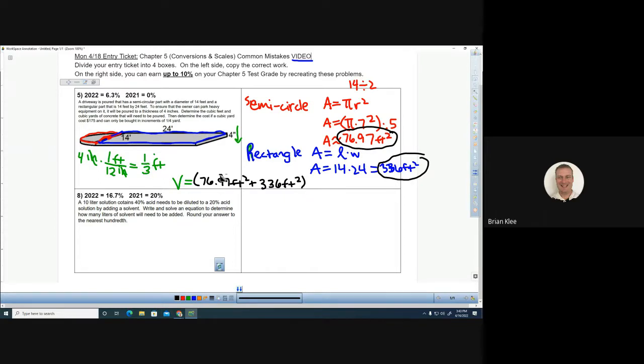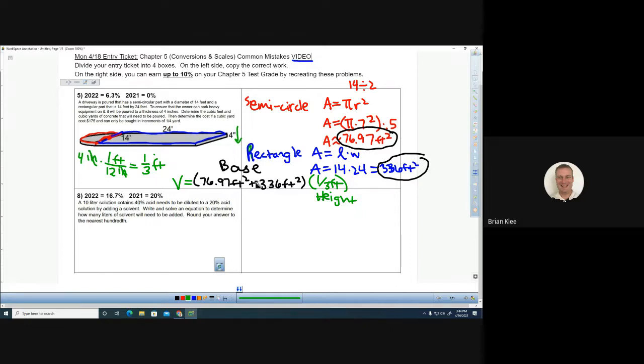And that again, the base, has a depth of 1/3 of a foot. That's the height. So I got the sum of those two numbers, 336 plus approximately 76.97. We got 412.97 square feet as the base.